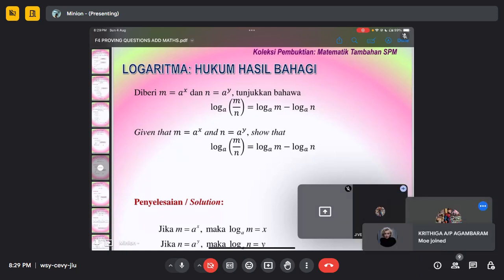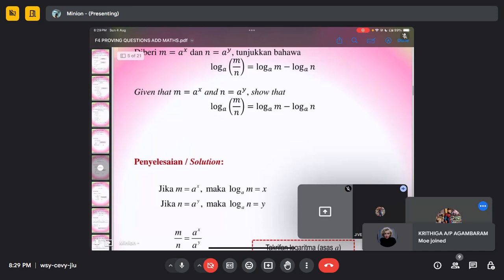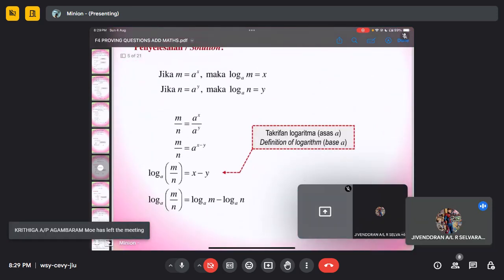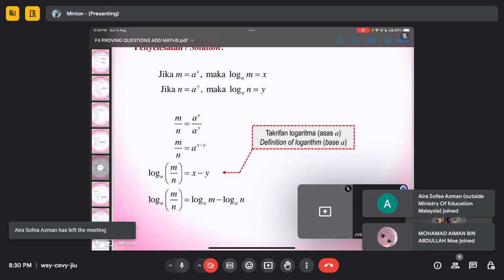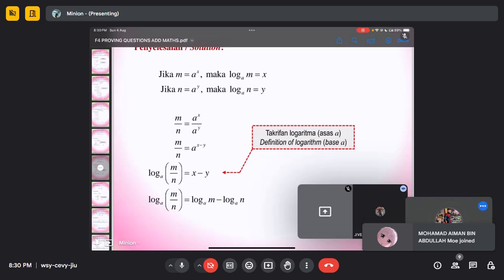This concept is the same thing from the formula before. Okay, so Kritika, scroll down. Okay, and then m over n equals a to the power of x over a to the power of y. This is simple substitution from the question. Then, since the bases are the same, you can subtract the powers, so m over n equals a power x minus y. Then insert log to both sides, and we'll get log a m over n equals x minus y.